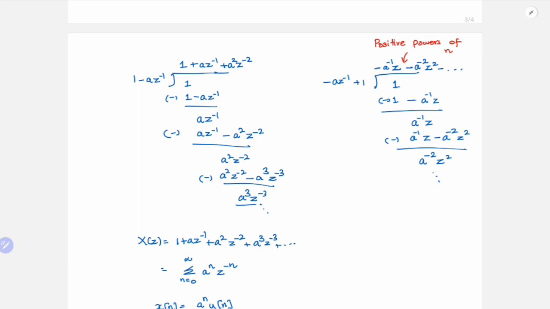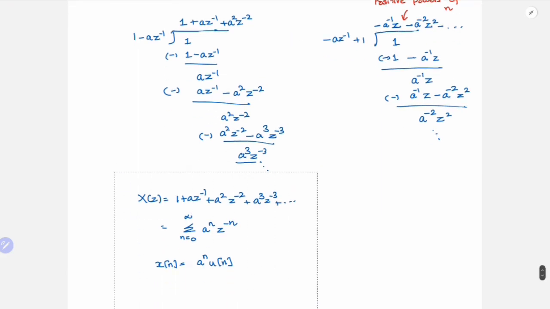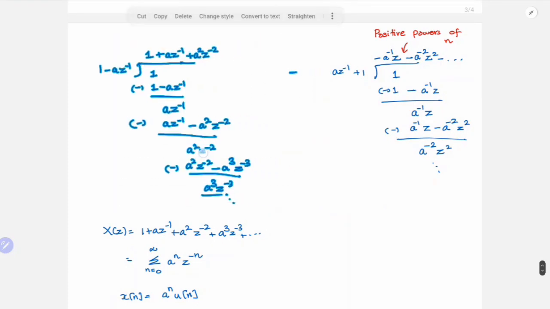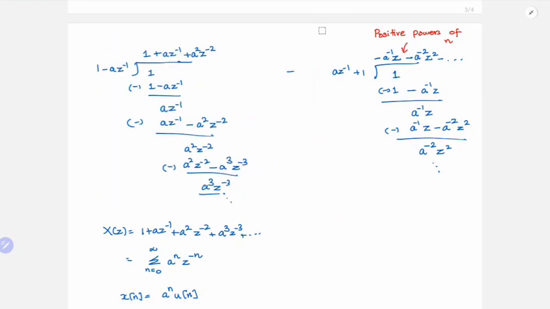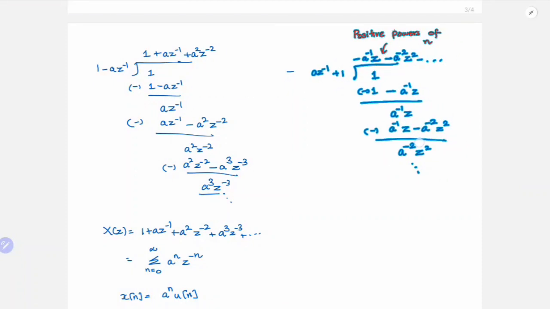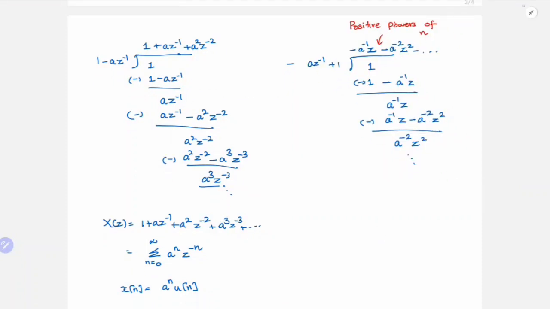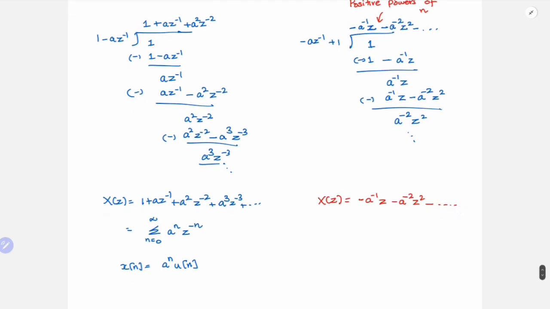I'll use a different color. Okay. So my x of z here is minus a inverse z minus a inverse square z square minus and so on.